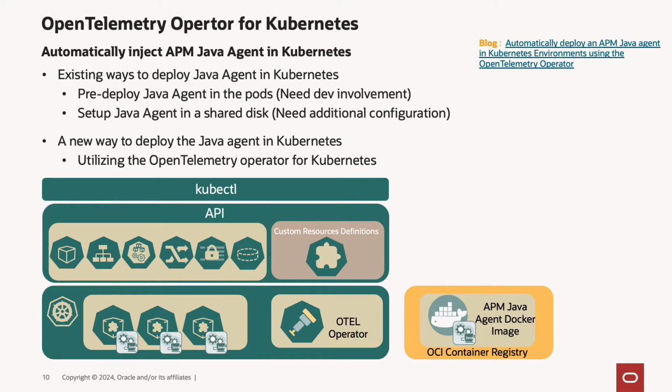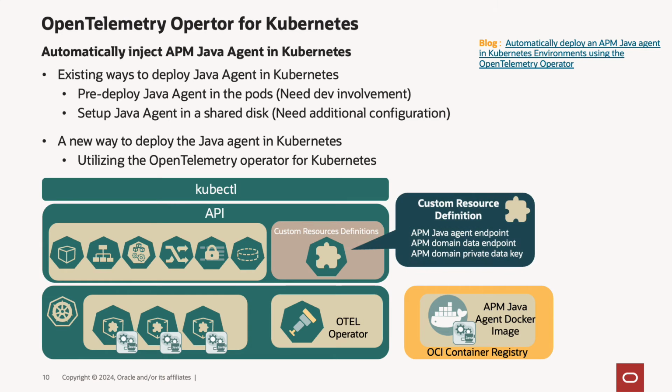In the recent release of the OCI APM Java agent, we now support an alternative and easier way to deploy the Java agent in Kubernetes by utilizing the OpenTelemetry operator for Kubernetes. You need to create and edit the Kubernetes custom resource definition, or CRD file, to point to the Java agent location and configure it with the APM data endpoint and data keys.